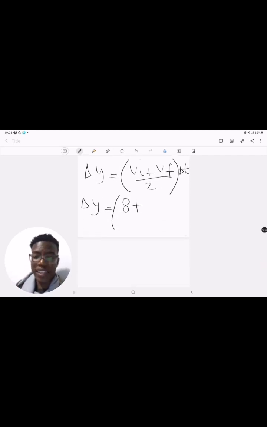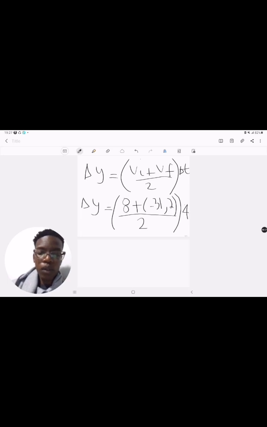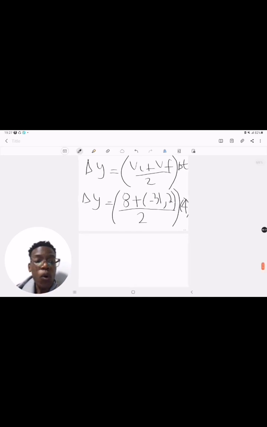Please do not forget that. That's very important. As a negative. So it's minus 31,2. Minus 31,2. Put it in brackets and then divided by 2. All of that times 4. Okay, times 4. Right, that is your equation.